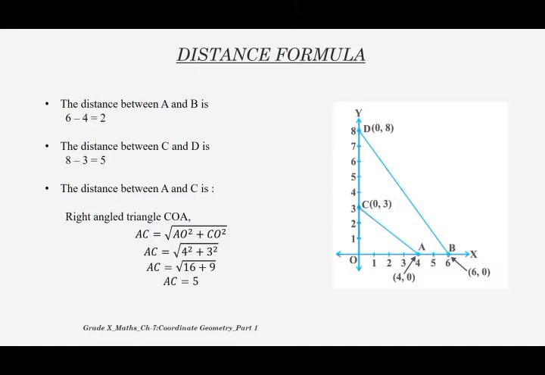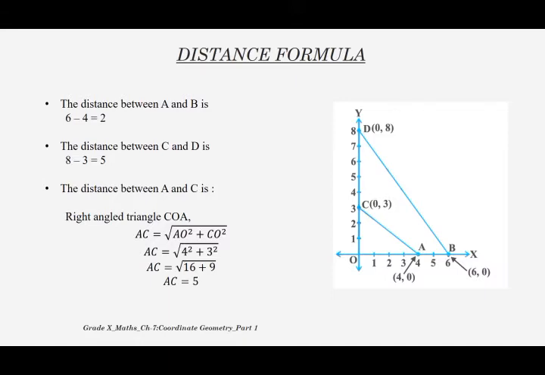And for points C and D, they lie on the y-axis. So their distance will be the difference of their y coordinates. 8 minus 3, 5. For instance, if we have to find the distance between the points A and C, then we can see that COA is a right angled triangle.